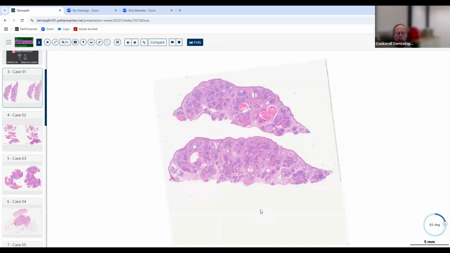The first step we ask ourselves is whether we think it's inflammatory or neoplastic. That probably covers about 80 to 85% of all the entities in dermatology and dermatopathology. There are a few exceptions to the rule, little outliers like deposits and pigmentary disorders. Are those inflammatory or neoplastic?